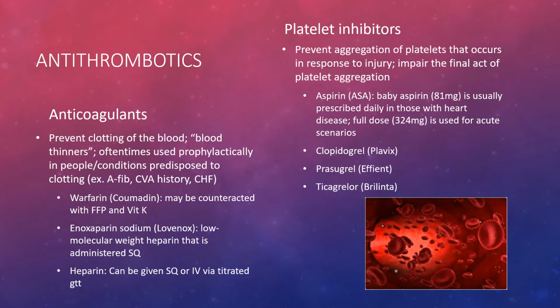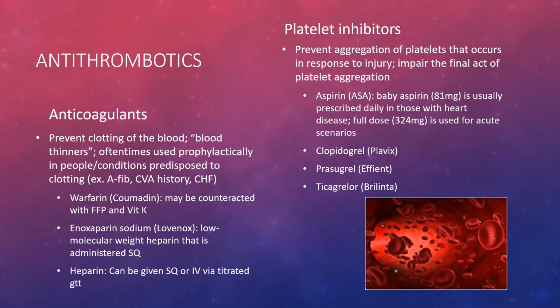Warfarin or Coumadin may be counteracted with fresh frozen plasma and vitamin K. Enoxaparin sodium, or Lovenox, is a low molecular weight heparin that is administered subcutaneously, so usually in a pinch of belly fat towards the bottom of the abdomen. And then heparin can be given sub-Q or IV via titrated drip.